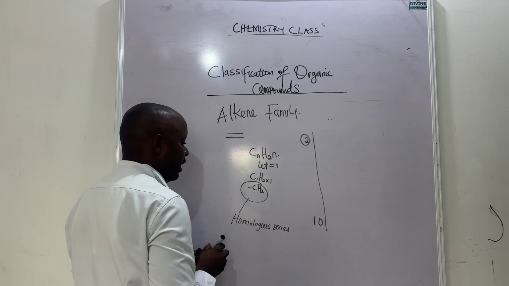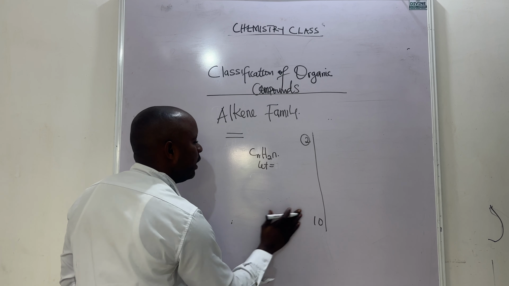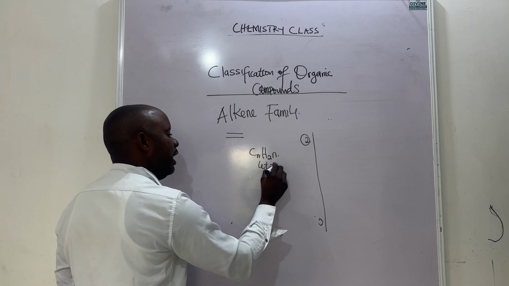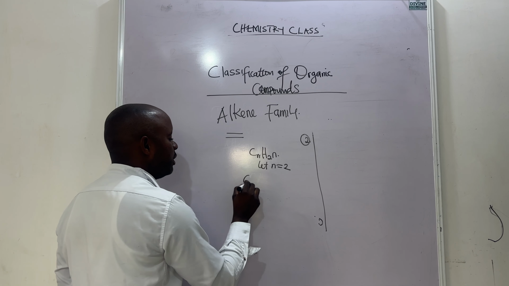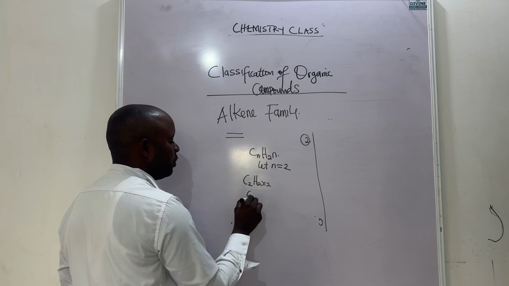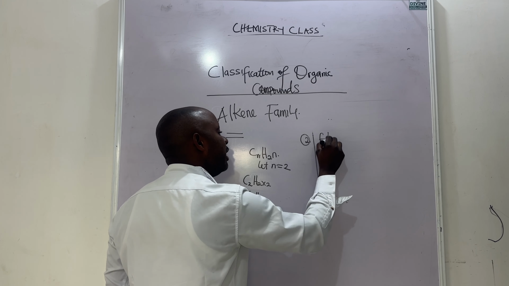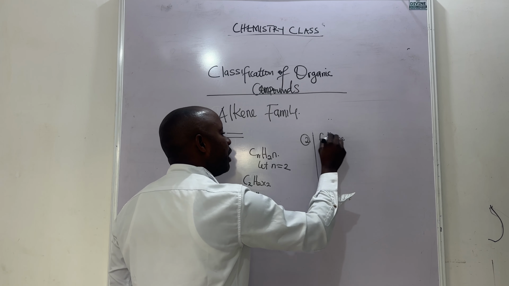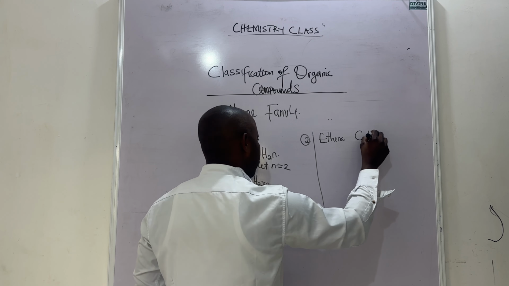Let n equal 2. Now we're going to have C2 H2 times 2, so C2H4. So ethene is the next member that we have that is existing: C2H4.